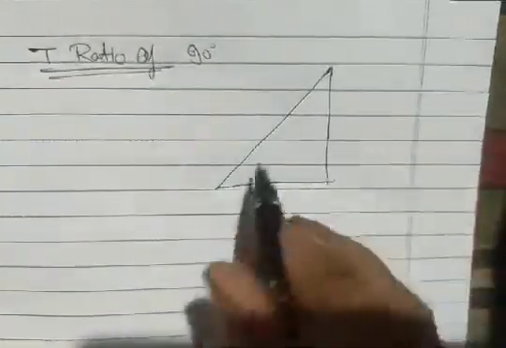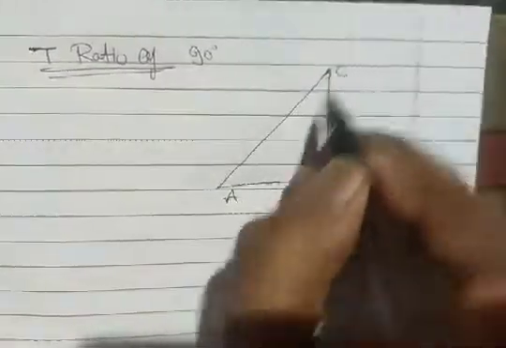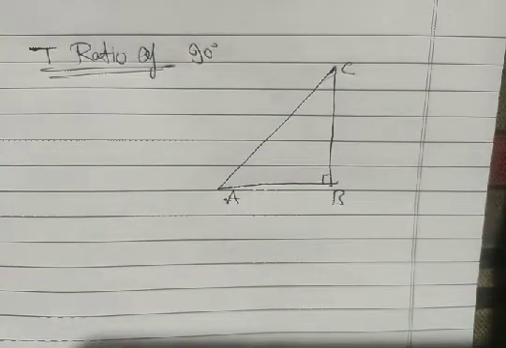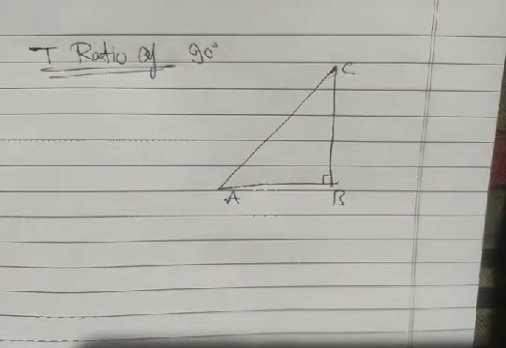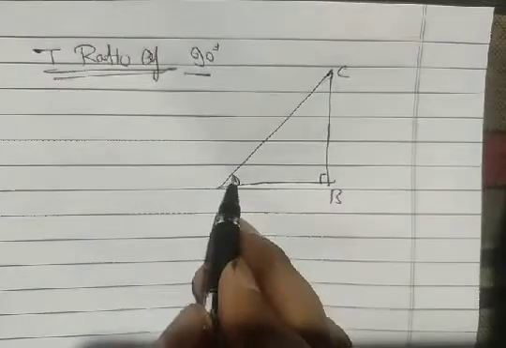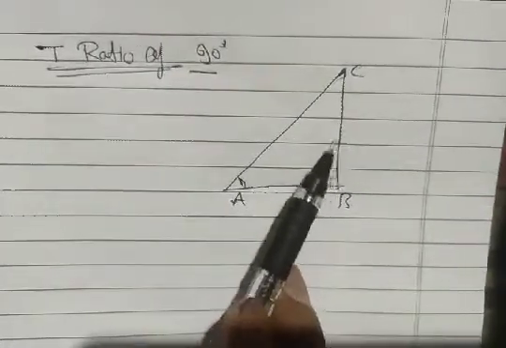We have a right angle triangle ABC, right angle at B. Now we have to find out 90 degree. We consider our angle A.